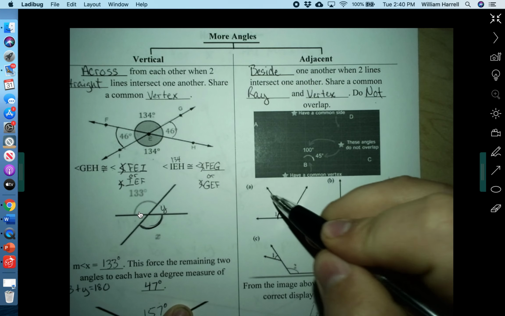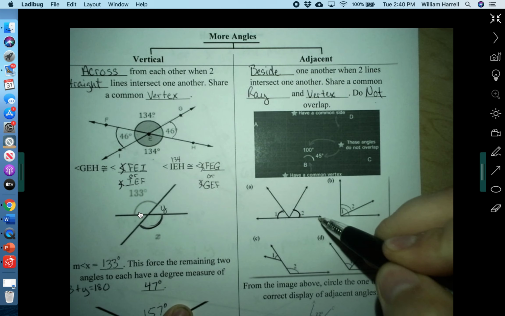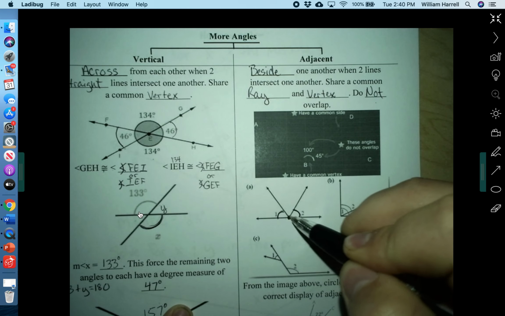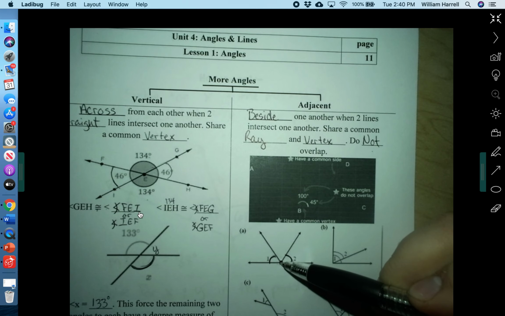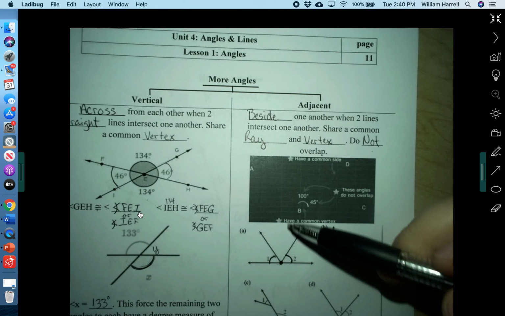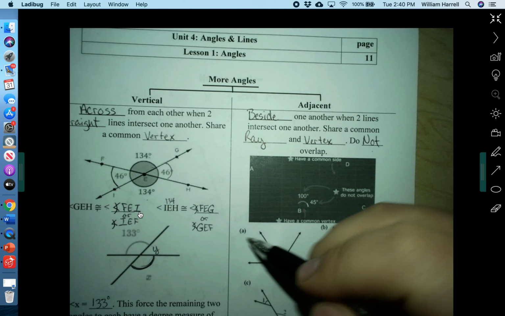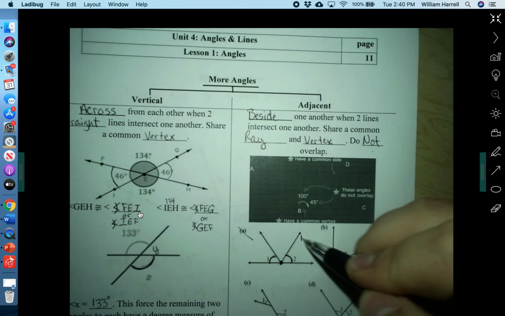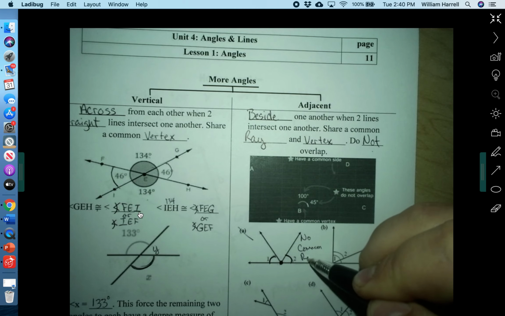So angle 1 is made up of this. Angle 2 is made up of this. The only thing they both have in common is this point. Okay? This point being the vertex, so they share the vertex. However, they don't share a ray. Okay? So I will say no common ray.